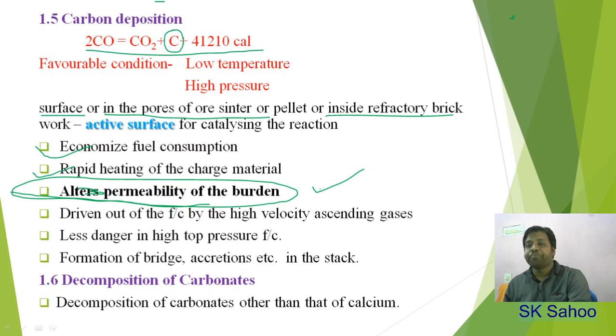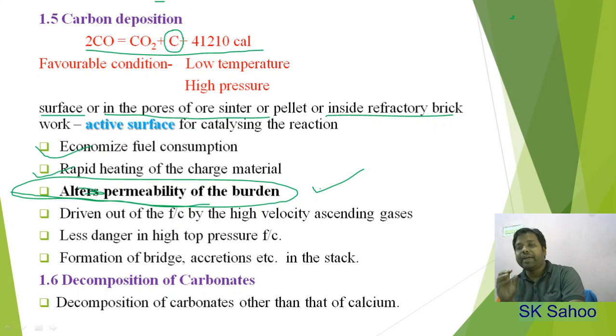For example, when the carbon deposition reaction takes place inside the pores of the iron ores or the sinter pellet, carbon monoxide will be formed at that pore, and when it is formed the volume will increase, so the particle will break and form fines.